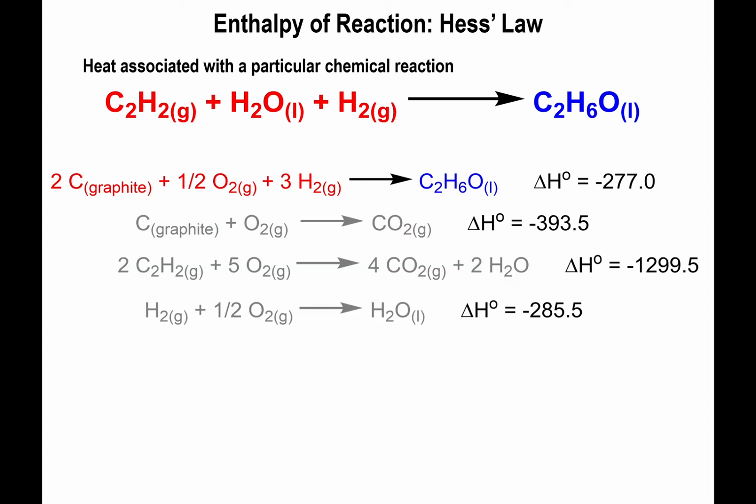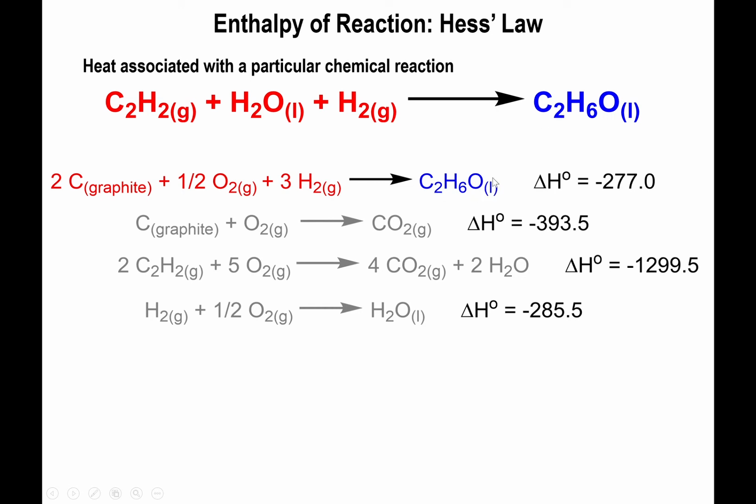Alright, so first things first, let's take a look at the first equation. Specifically, let's pay attention to the fact that the product that we're trying to make is C2H6O, and the only equation in the series that contains C2H6O is the first one. We need that particular reagent to be on the product side, which is already where it's at, and we need only 1 mole of it.